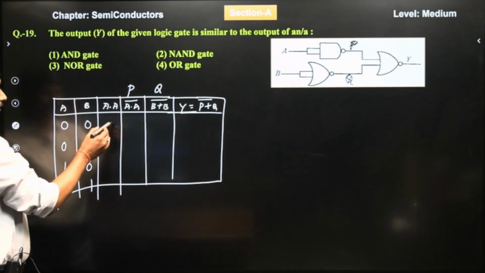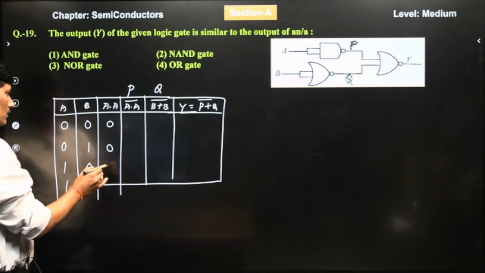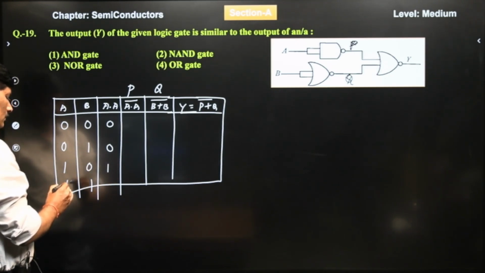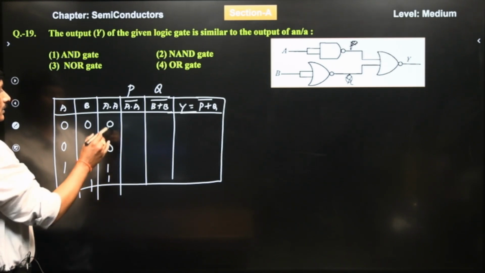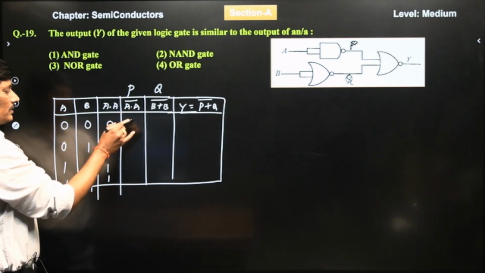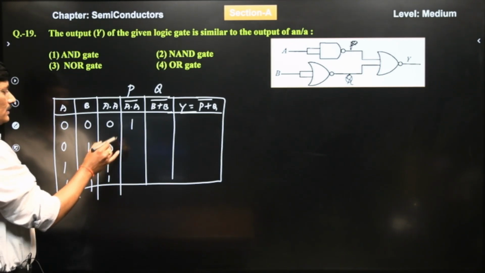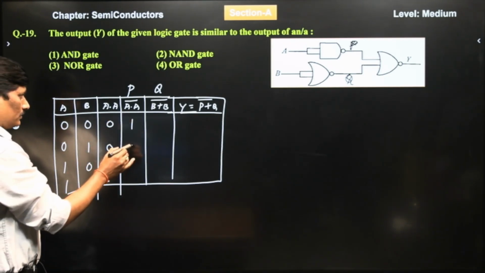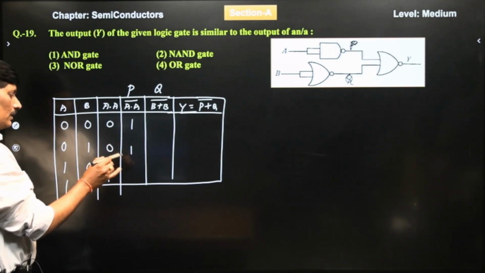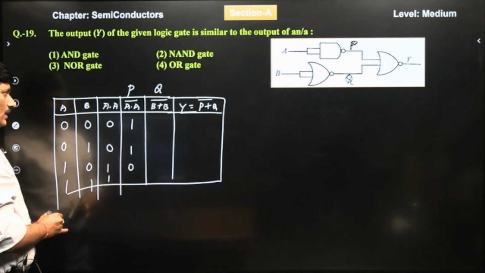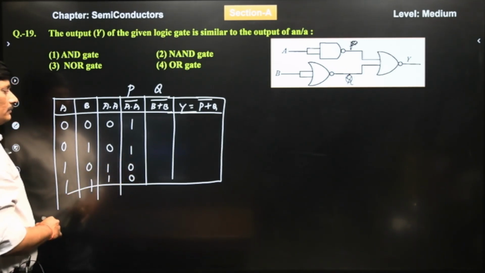So 0 and 0, 0, 0 and 0, 0, 1 and 1, 1, 1 and 1, 1 for the A values. 0 and 0, you will get 0, inversion 1. 1 and 1, you will get 1, inversion 0.